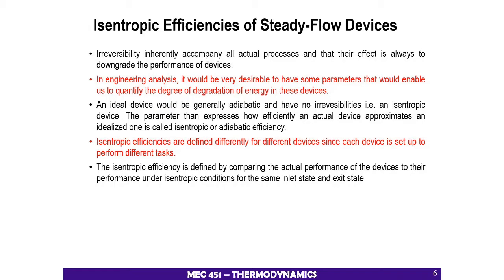The parameter that expresses how efficiently an actual device approximates an idealized one is called isentropic or adiabatic efficiency. It is defined differently for different devices, since each device performs a different task.